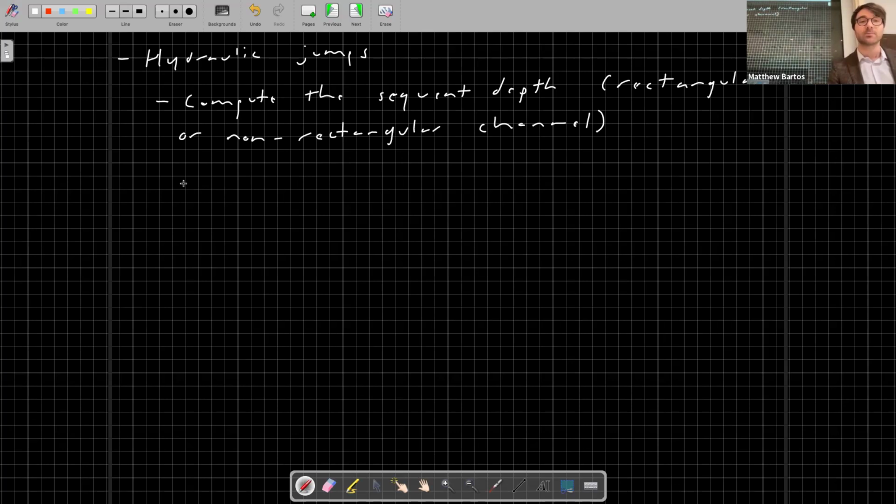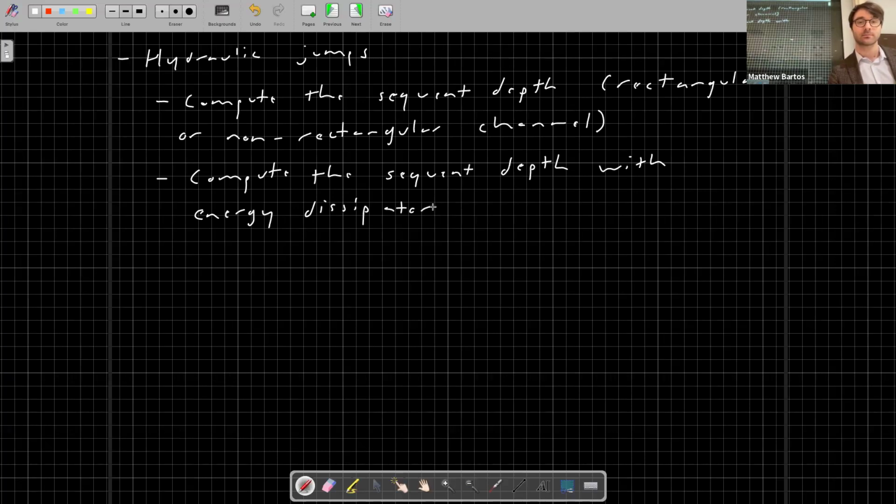You're going to want to know how to compute the sequent depth under the presence of energy dissipators. So compute the sequent depth with energy dissipators. And you're going to want to know how to compute the energy losses through a hydraulic jump.